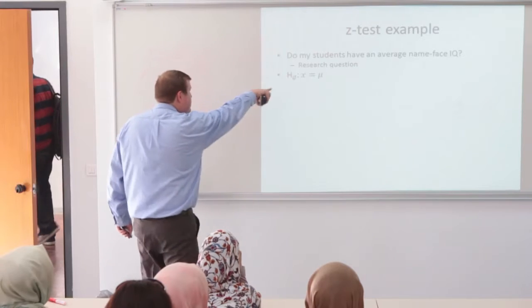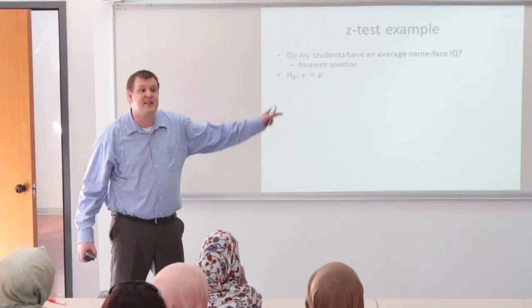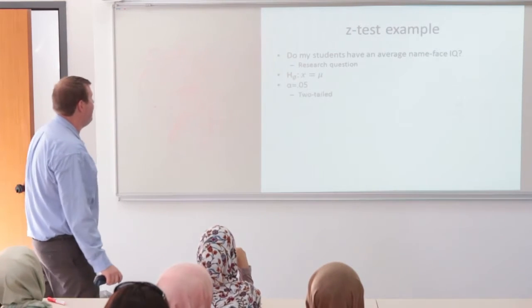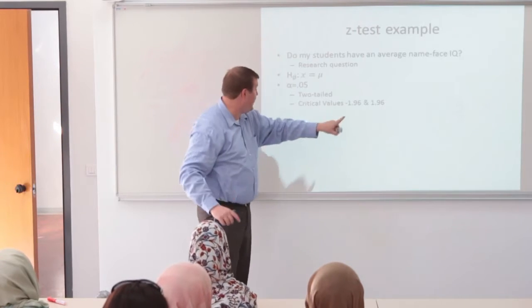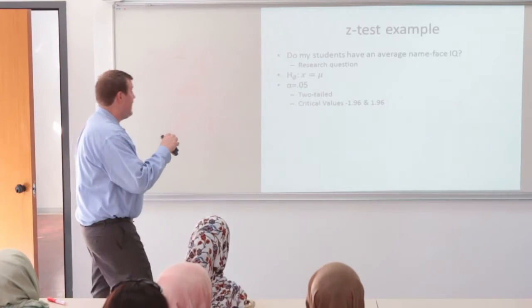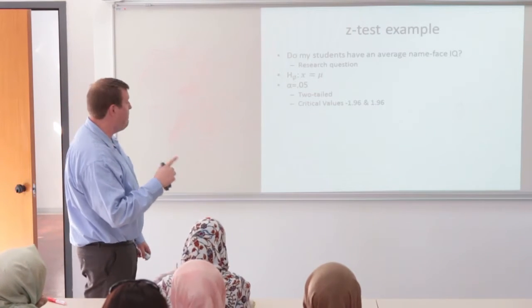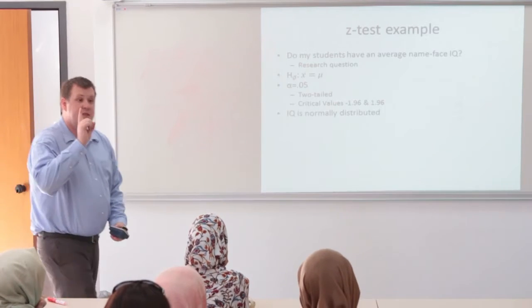Alright, now which direction is this? Which tails are we interested in? It's a two-tailed test, right? Let's say we're going to use an alpha of 0.05. This is two-tailed. Our critical values, if you go back several slides, boom. If it's less than or equal to negative 1.96 or greater than or equal to 1.96, then we're going to reject the null hypothesis. Now, this is important.